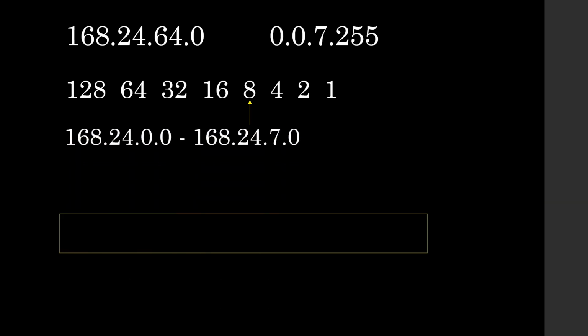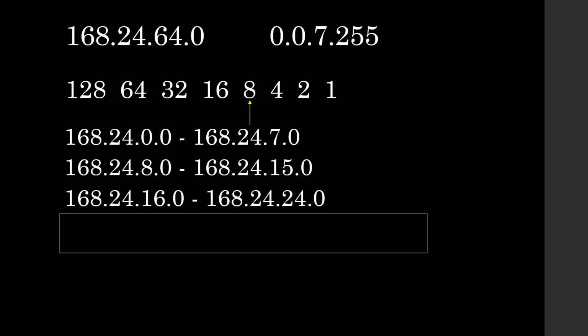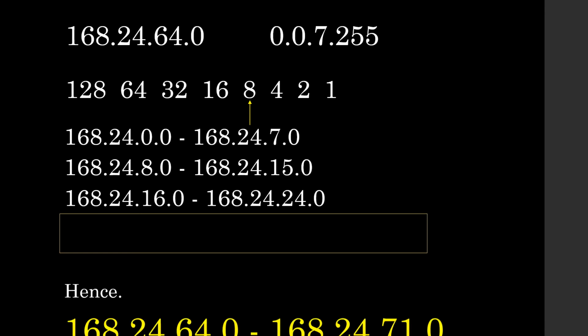So we have the first range of 168.24.0.0 up to 0.7, another range of 168.24.8 up to 15, then 0.16 to 0.23, and so on.